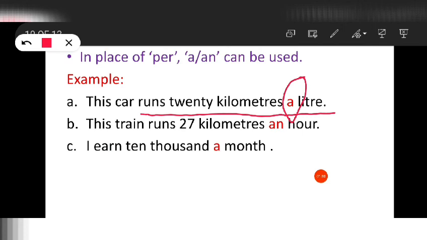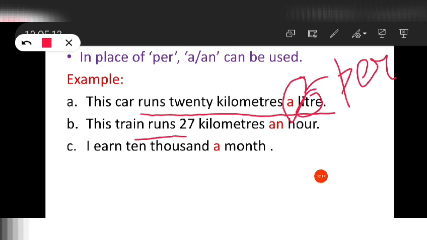So in place of per, we can always use articles, that is a liter, which means the same. So the word per can be replaced with an article, depending upon the word which is here. Remember, the first alphabet, whether the sound is that of a consonant or a vowel, decides whether we have to use a or an. Okay, let's go to the next one.